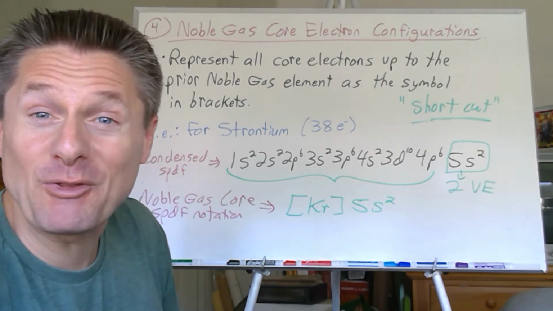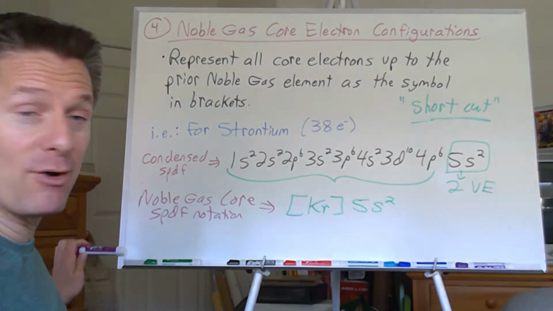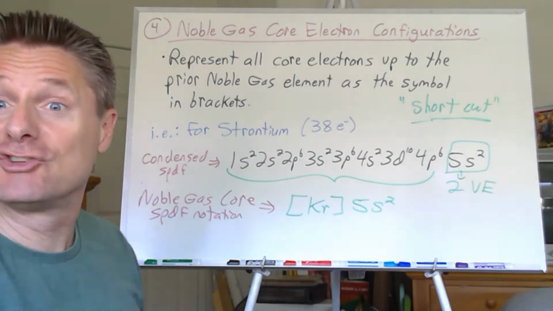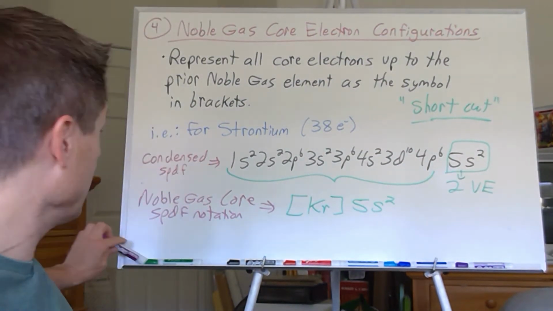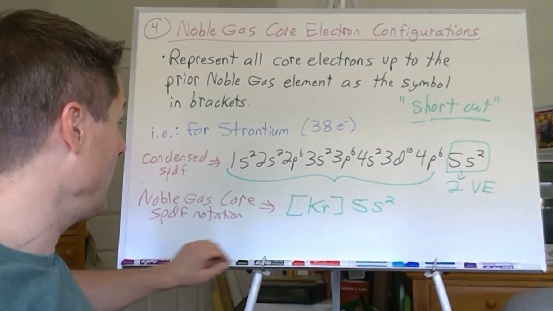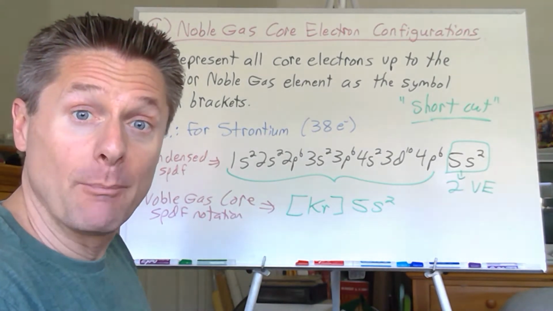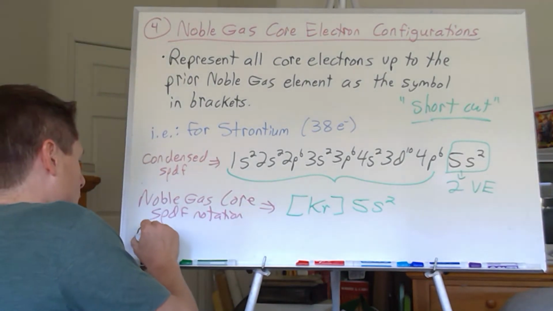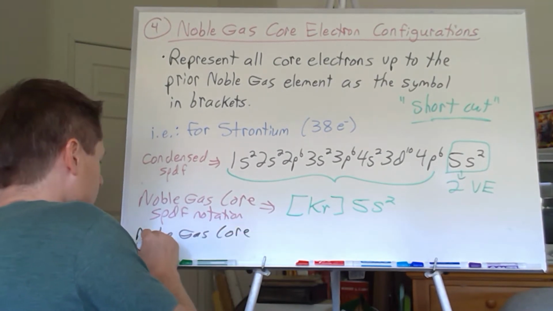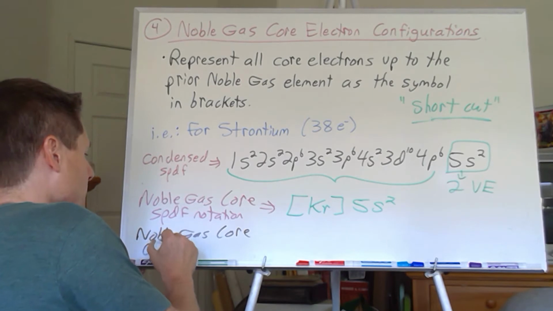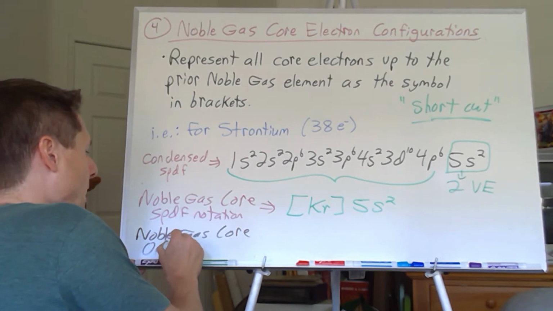That's a beautiful thing. It makes you just look at the prior noble gas, just put it in brackets, and then just do the rest. Oh, it saves you so much time, especially if you're doing like 94 electrons or something. Now we can also do it with the box diagrams. So we can do a noble gas core orbital box diagram.